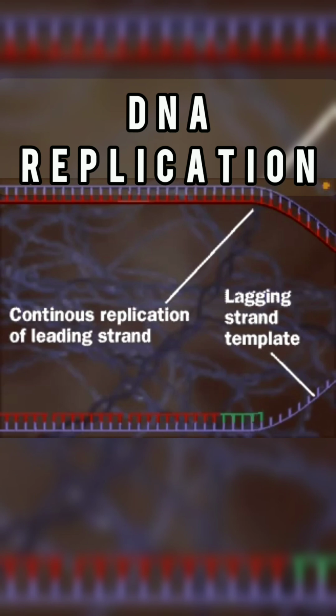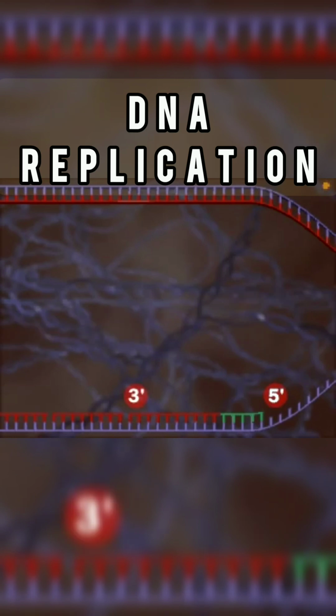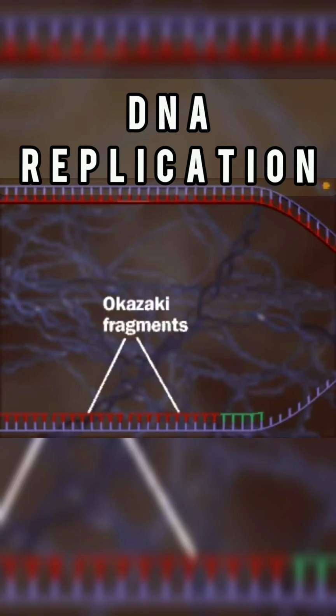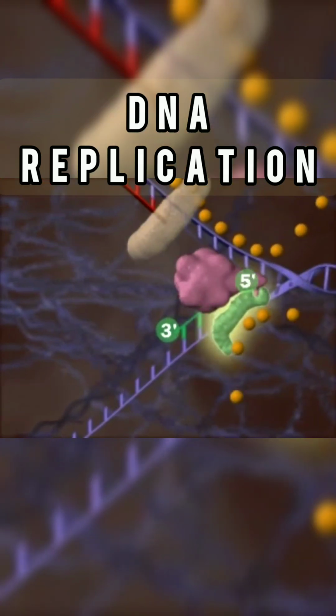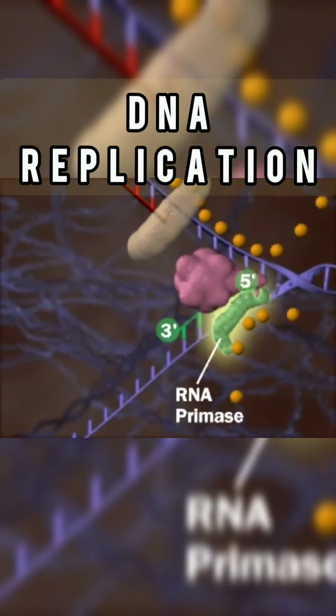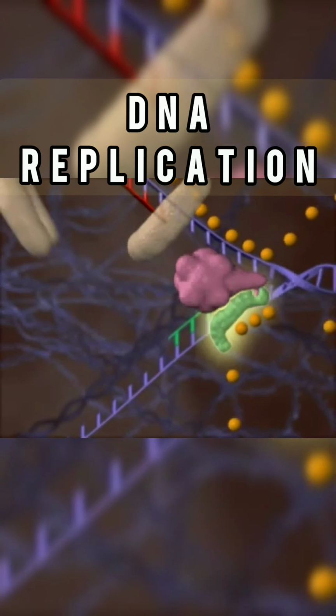It has to form from 5' to 3' too. It forms in pieces called Okazaki fragments. First, an RNA primase lays down an RNA primer. Then, DNA polymerase III lays down new DNA.